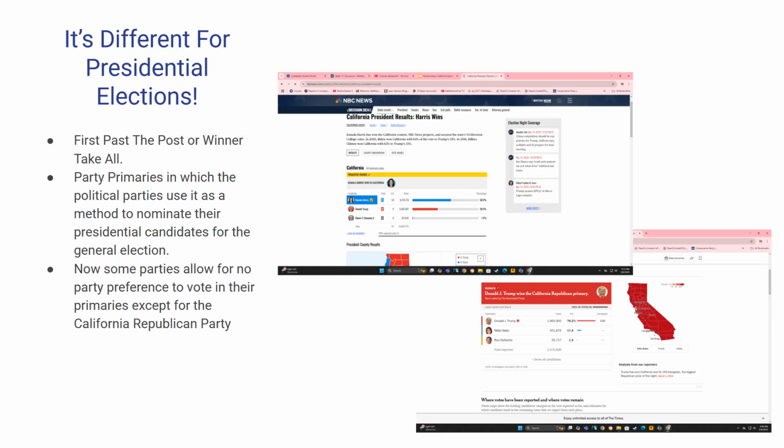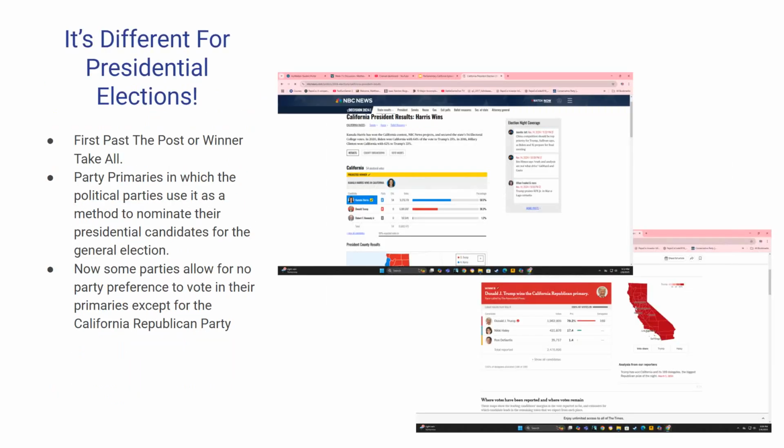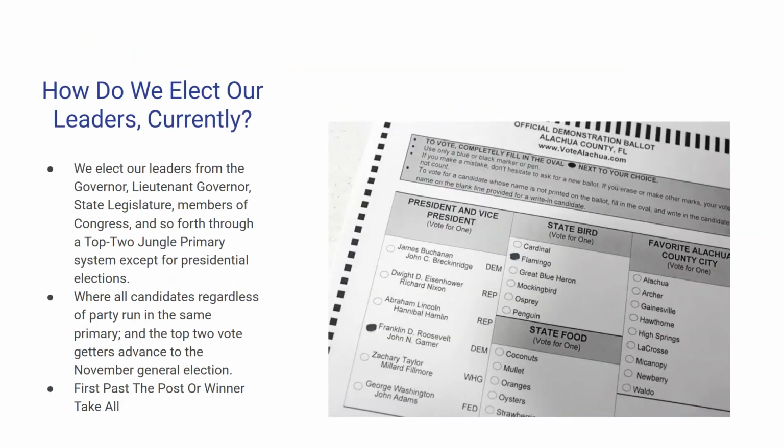But partisan or party primaries and top two primaries are similar in a way, because they are both majoritarian types of voting systems where only one candidate can win. It's a little bit multi-winner in top two, just kind of, because in the first round, all candidate primary, only two people can advance to the general election, and then only one winner can win in the November general election.